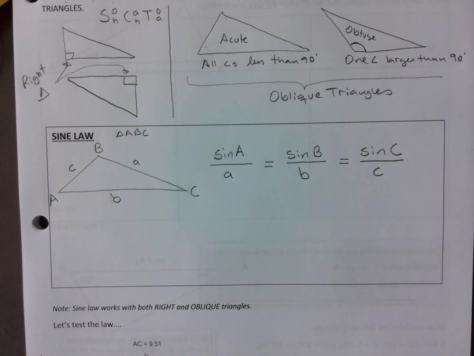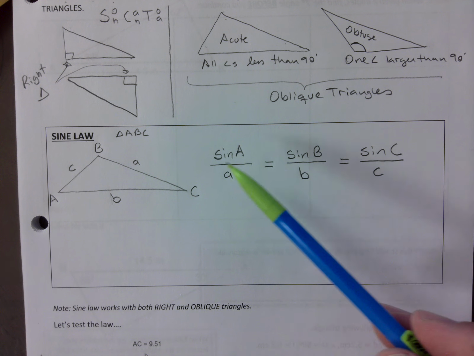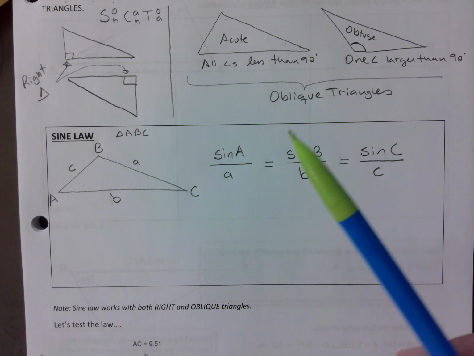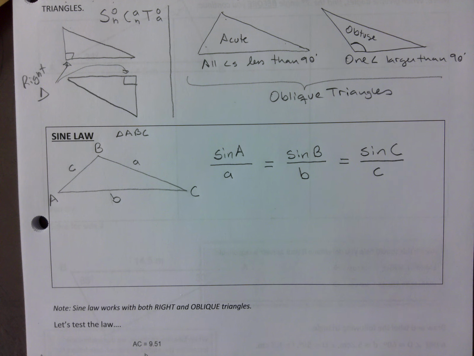That's what the sine law states. And this helps us to solve for missing sides or angles. So this is the sine law in a nutshell. If you want to add this to your study sheet, this is what you want to have on there.